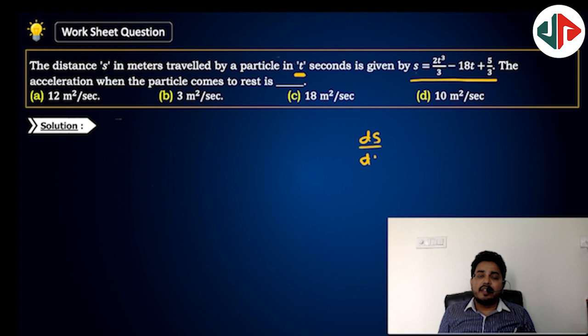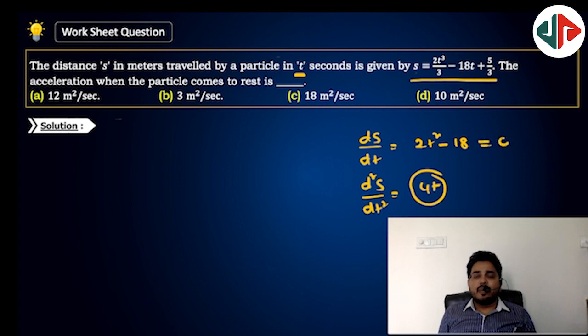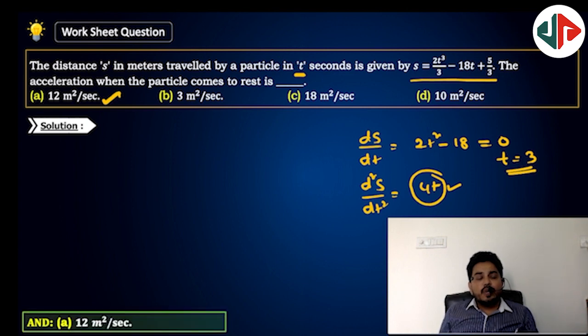That is the velocity, equal to 2t square minus 18. d square s by dt square is the acceleration, which is 4t. I need it when this value is equal to 0. That means t is equal to 3. If t is equal to 3, d square s by dt square will be equal to 12 meters per second square.